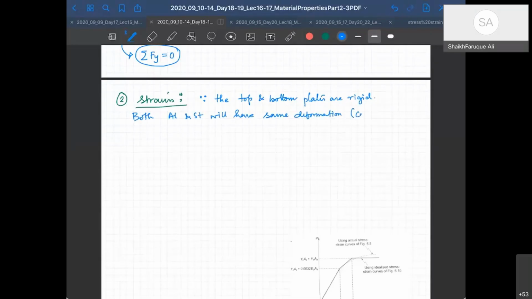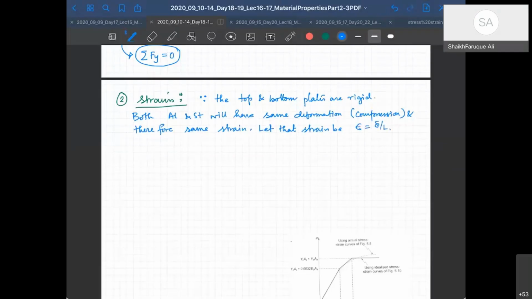In this case, it is compression, and therefore same strain. Let that strain be epsilon equal to delta by L.